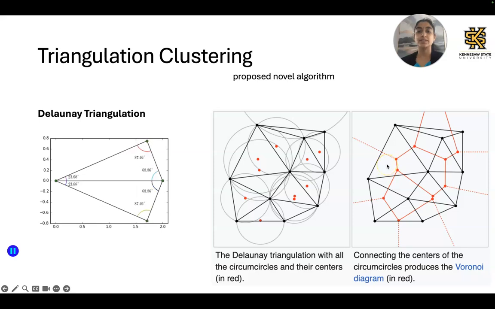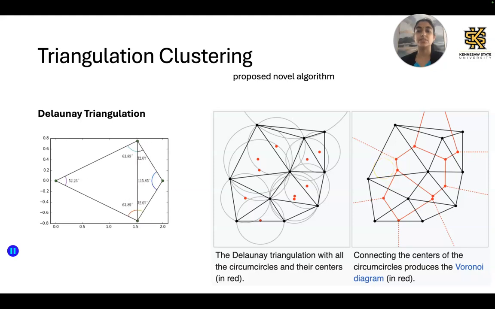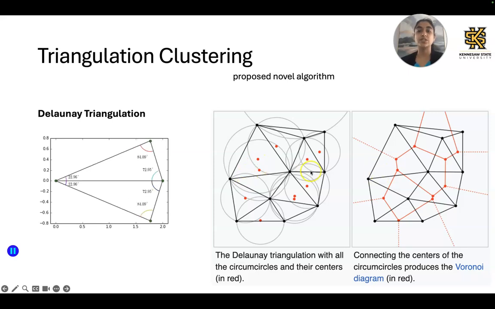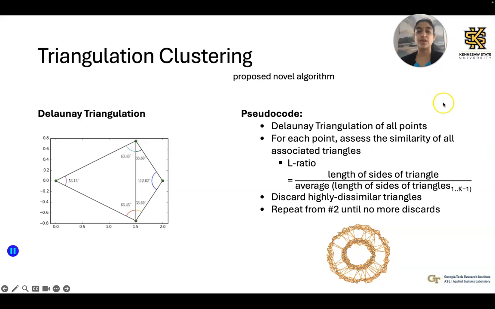So in the 2D case, the Voronoi vertices are connected via edges that can be derived from the adjacency relationship of the Lugnet triangles. If two triangles share an edge in the Lugnet triangulation, the circumcenters of them are connected in the Voronoi diagram. So let us look at the pseudocode of our algorithm.